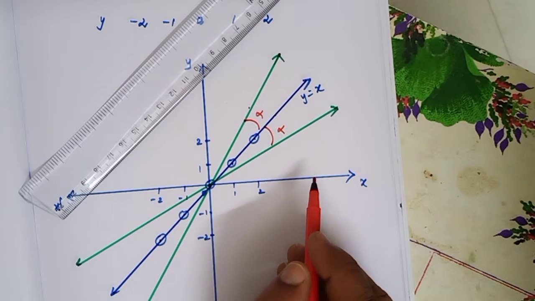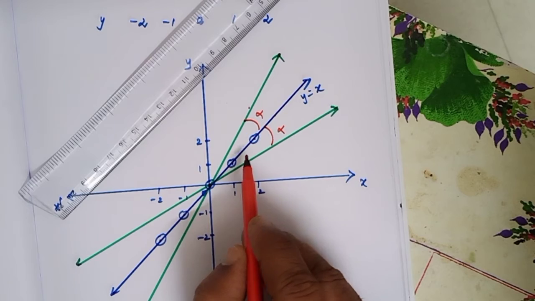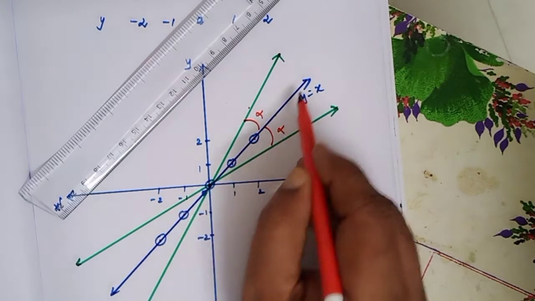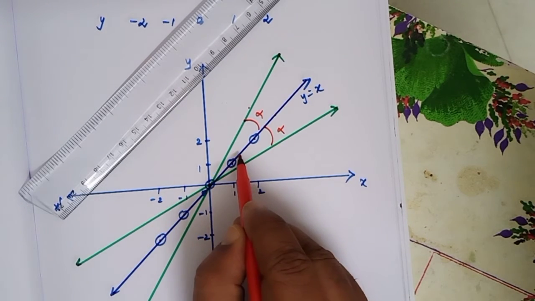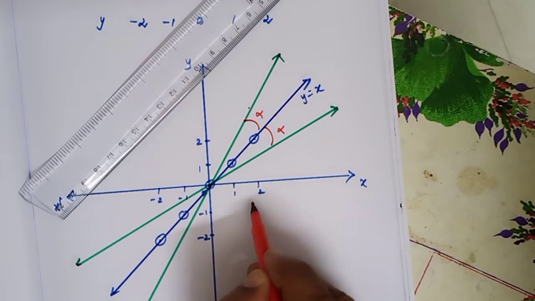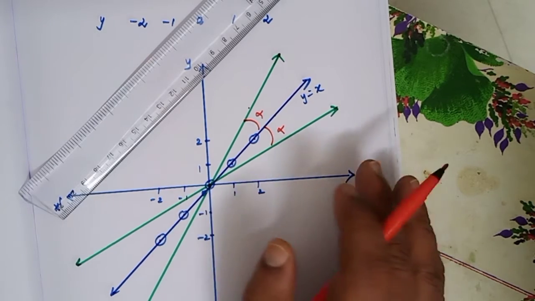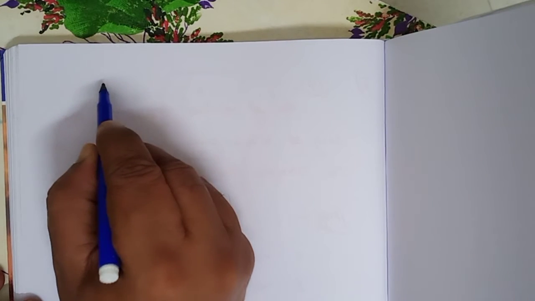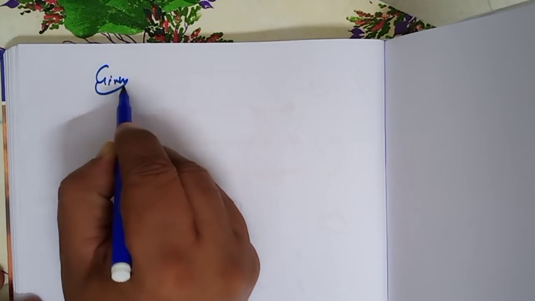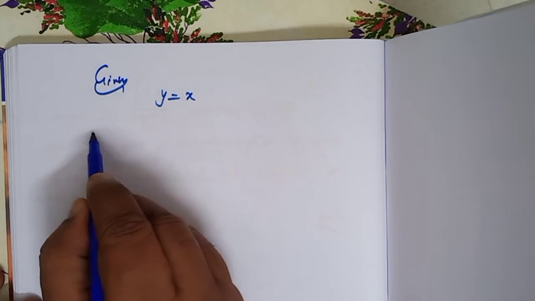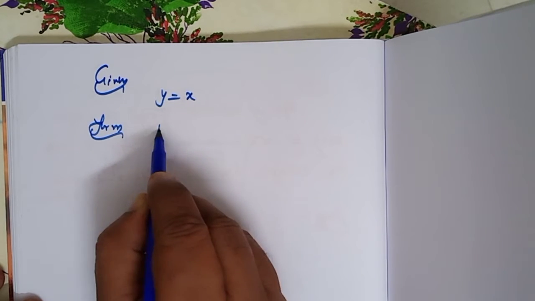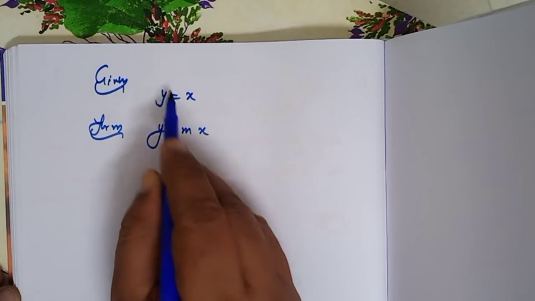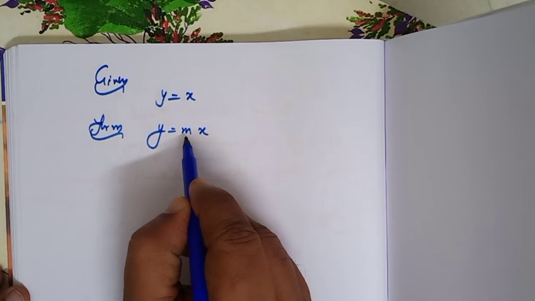Then, the line y equal to x makes an angle 45 degrees with the x-axis. How does it come? Listen now. The given line is y equal to x. What form is it? y equal to mx, where m is the coefficient of x.